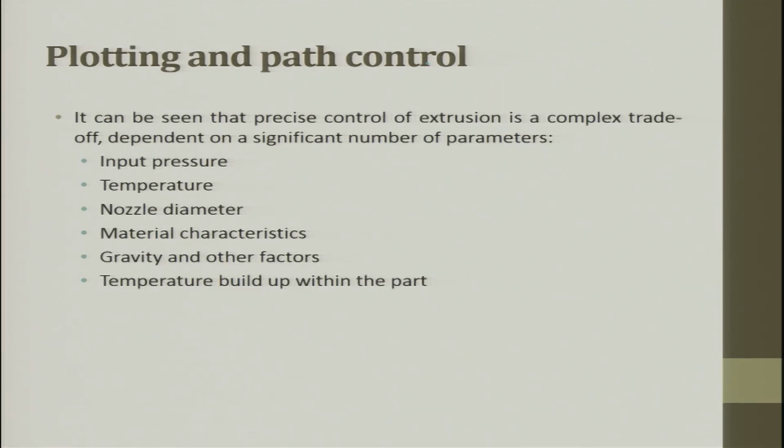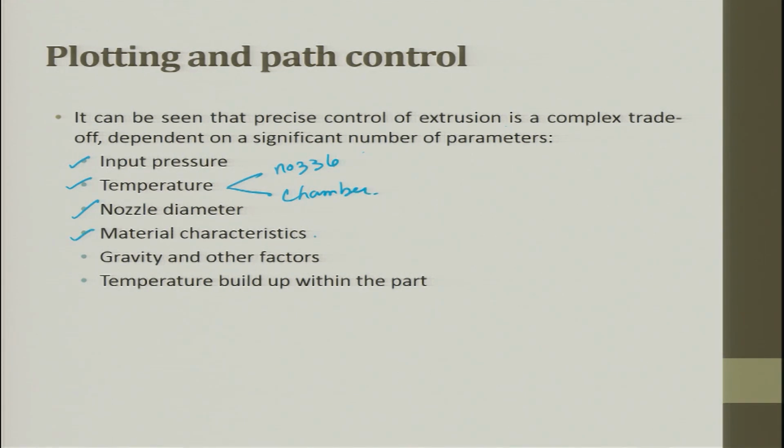So, plotting and path control: it can be seen that precision control of the extrusion is a complex trade-off dependent on a significant number of parameters: input pressure, temperature, nozzle diameter. Temperature again, nozzle temperature and the chamber temperature.